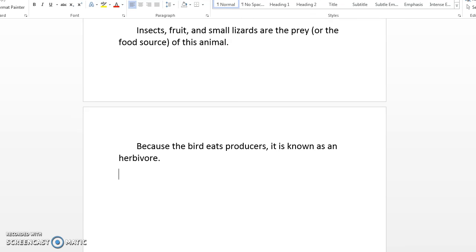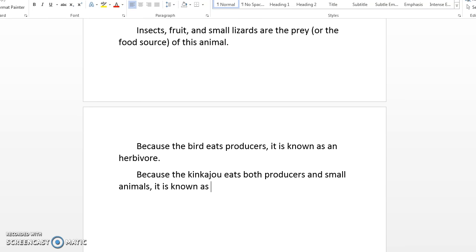Or you might say, because the kinkajou eats both producers and small animals, it is known as an omnivore. So it kind of depends. And then obviously, because the panther eats only animals, it is known as a carnivore. So go ahead and write that sentence that you're telling your reader what kind of consumer it is.